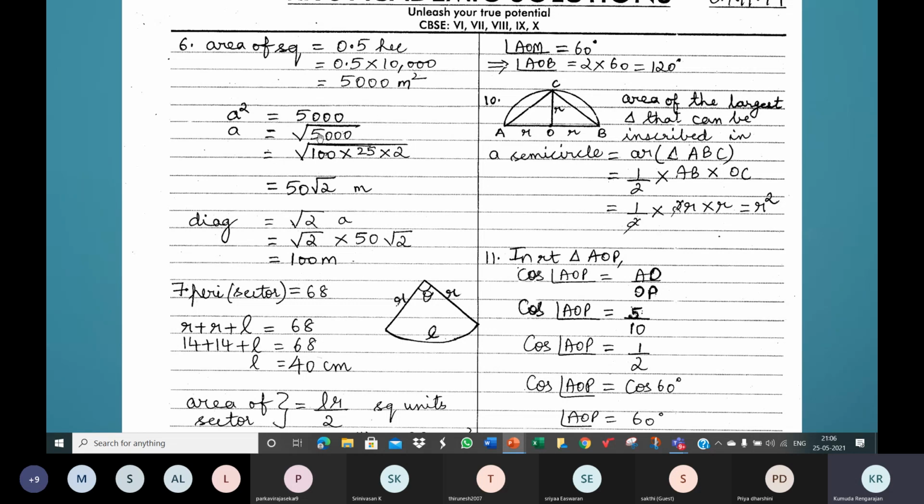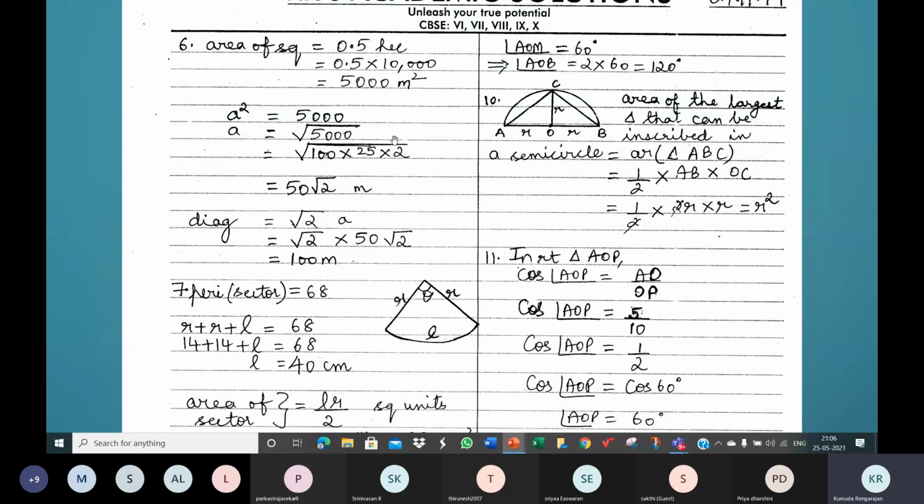Ma'am. Yeah. As a square is divided into two squares, we can take 2,500 as the area of one square, and by Pythagoras theorem, can we find it? You have same two triangles. The diagonal divides the square into two triangles.